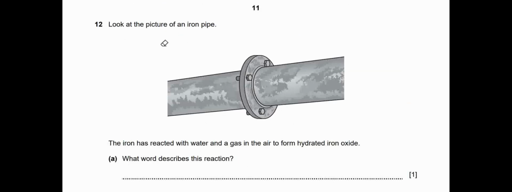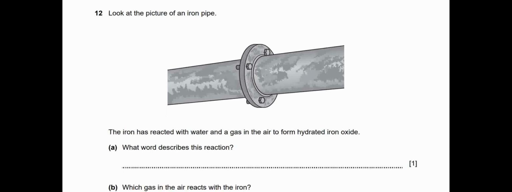Question 12. Look at the pictures of an iron pipe. The iron has reacted with water and a gas in the air to form hydrated iron oxide. What word describes this reaction? It is the rusting process.